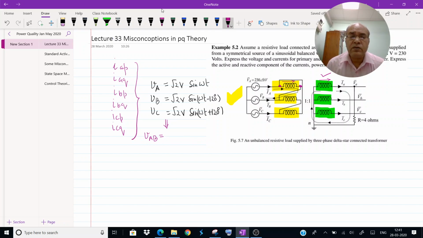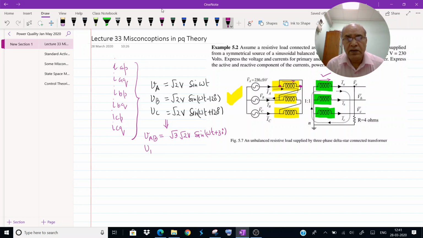Therefore we need to find out the A to B, line to line voltages. If you recall from our previous discussions, you can find out directly. In phasor form, take the B phase up and join A and B, and we get a 30-degree lead. So we get VAB equal to root 3 root 2 V sine omega t plus 30 degree.